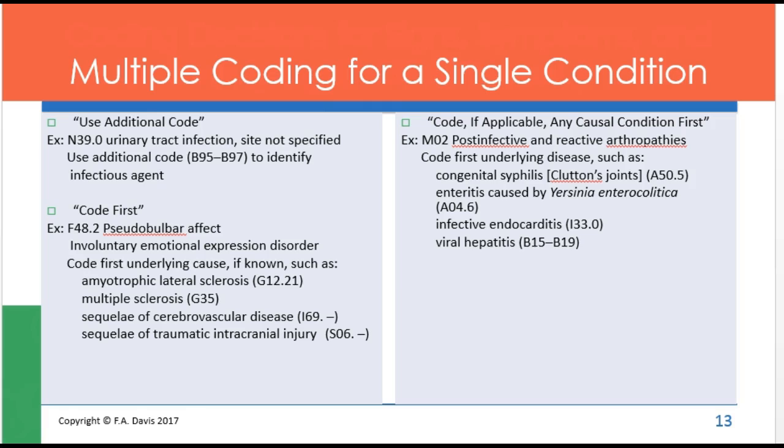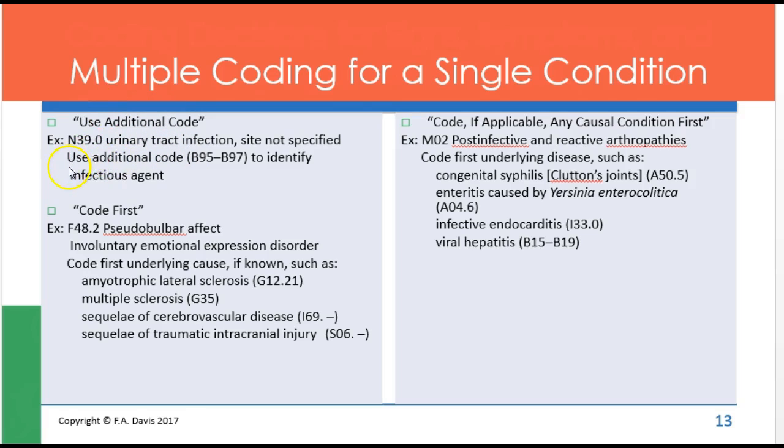All right, multiple coding for a single condition. Sometimes you need more than one code for one diagnosis. Okay, so your manual will guide you on that. They will use these instructional terms such as use additional code. So here's an example, the N39.0 urinary tract infection, site not specified, so not a specific site in the urinary tract, but all we have is a urinary tract infection.